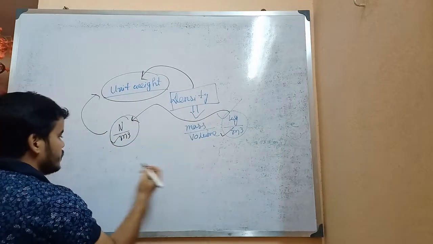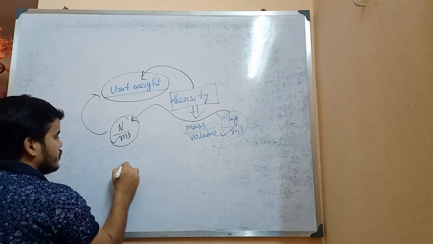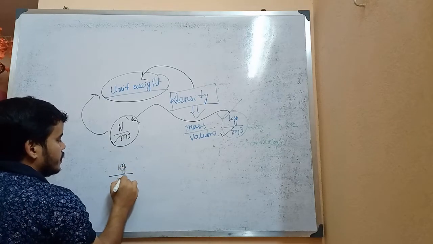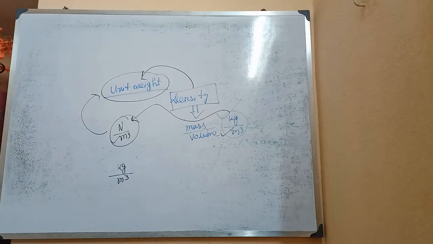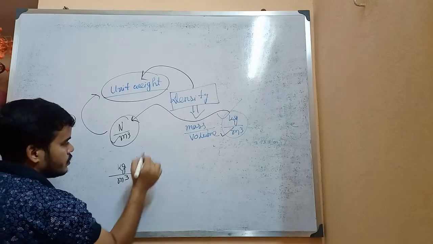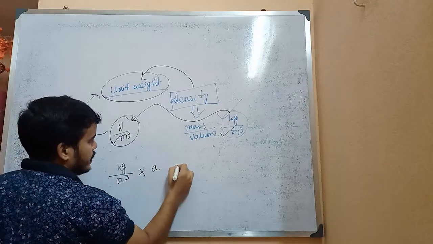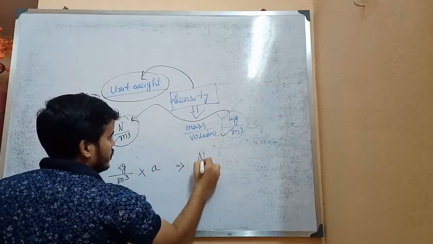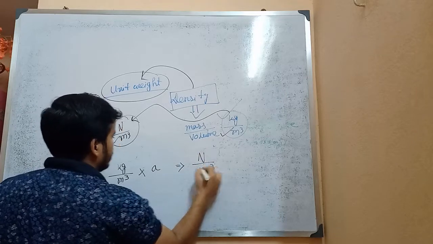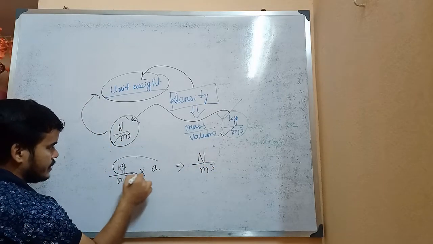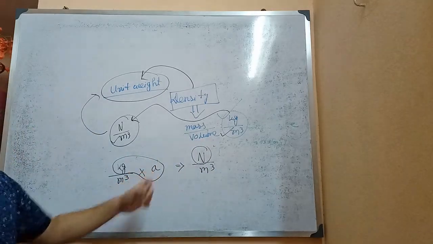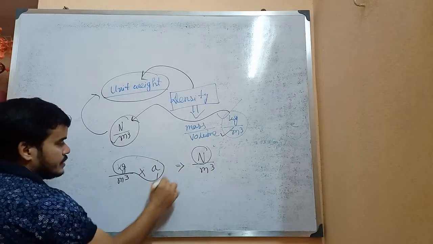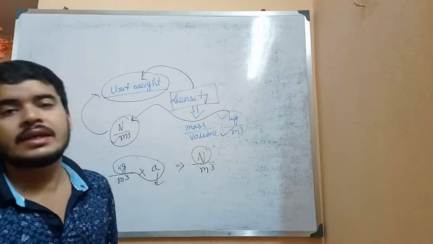So first kg per meter cube into acceleration equals to Newton per meter cube. Kg into acceleration will be Newton. And what is this acceleration? This is actually gravitational acceleration.